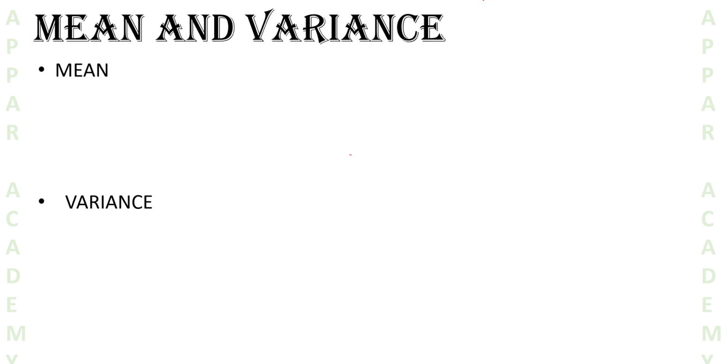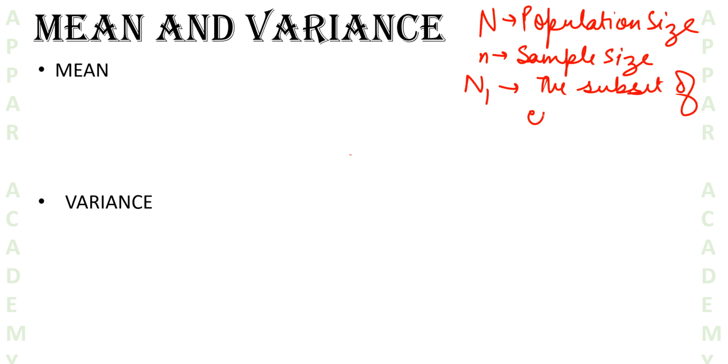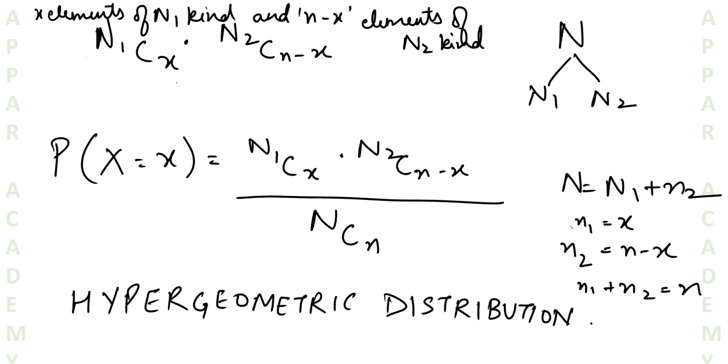The thing is similar: capital N is the population size, small n is the sample size, and n1 is the subset of elements of one kind. So please consider all the notations are the same as I have used over here, right?